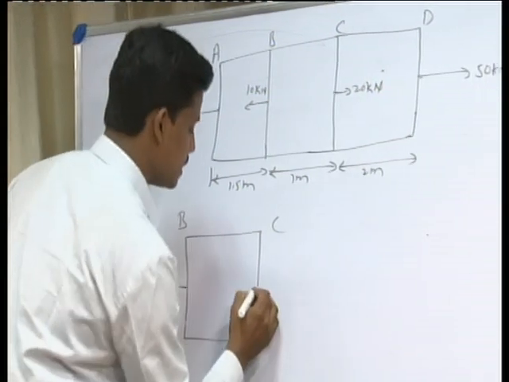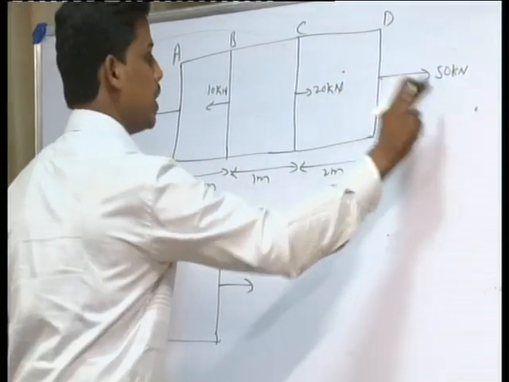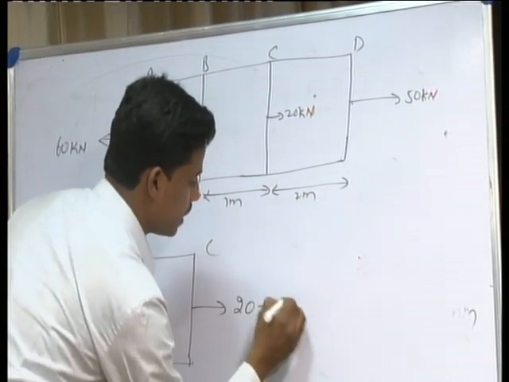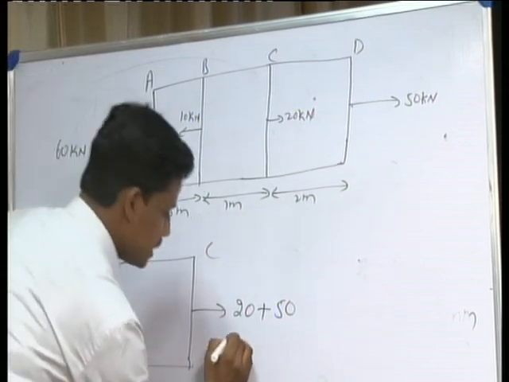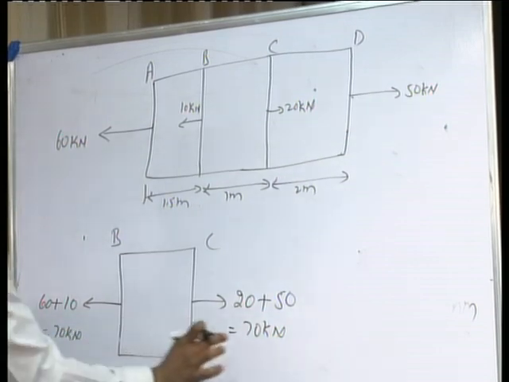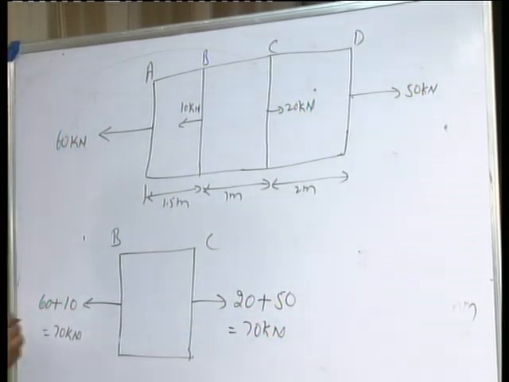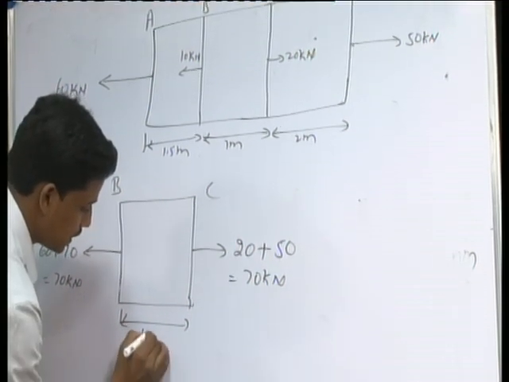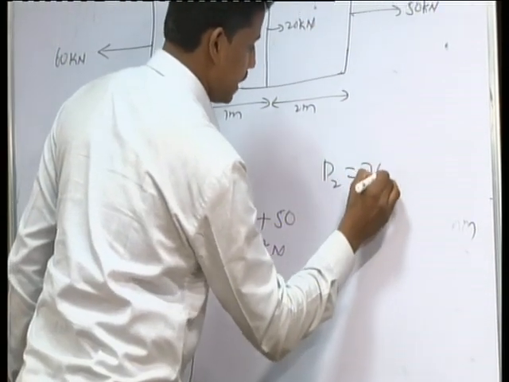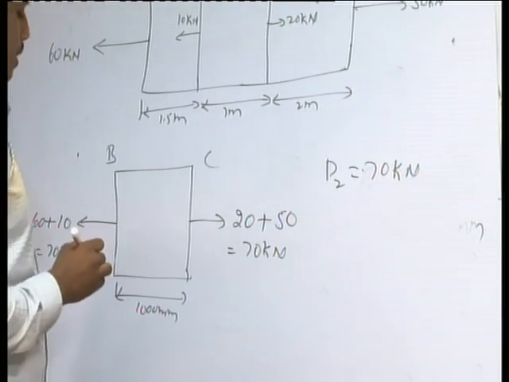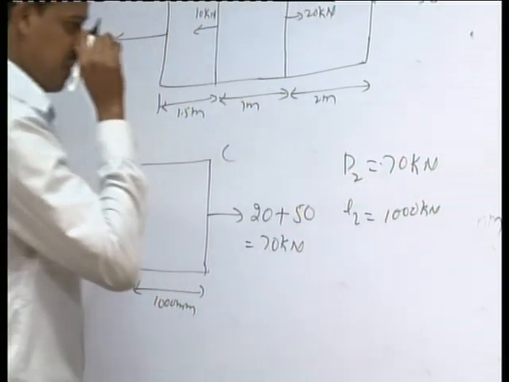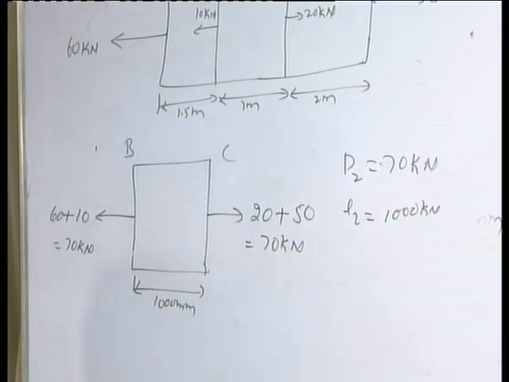On this side, 20 kilonewton and 50 kilonewton are acting in the same direction, so 20 plus 50 is 70. So two forces of the same magnitude are acting in different directions. Here the length is 1000 millimeter. So P2 is 70 kilonewton and L2 is 1000 millimeter.